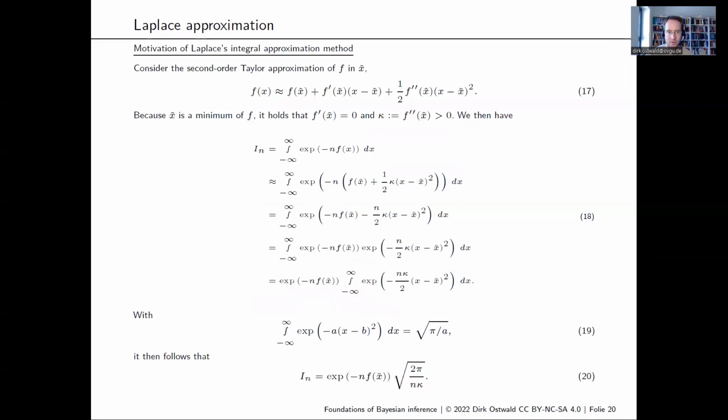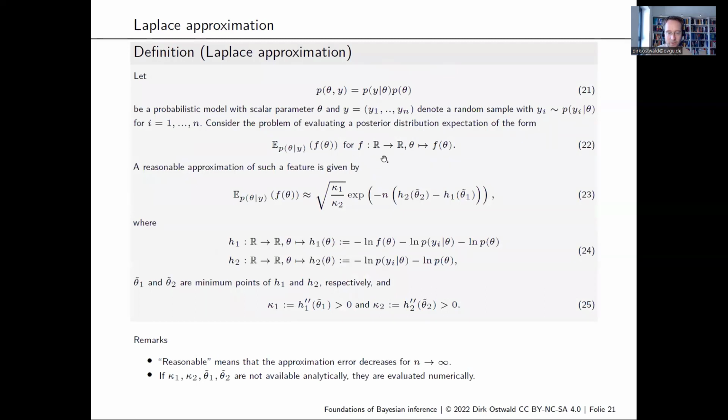So we want to come up with a Bayes estimator. So we want to have the expected value of some function of theta, maybe just theta itself, so the identity function, under the posterior distribution.